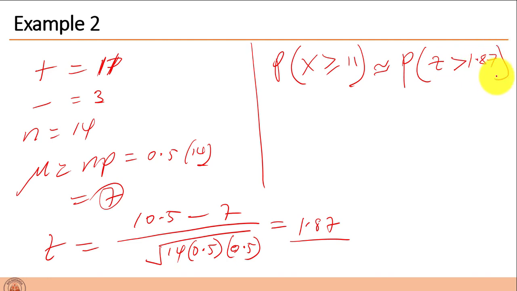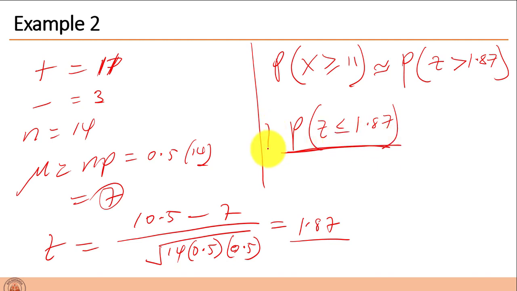If we refer back to our normal distribution table, or we do this calculation in Excel, we should be able to. So we have z less than or equal to 1.87. This is what we can read in the table. We subtract this from 1, we get this one here. If we look up this value in the table, we get 0.0307.